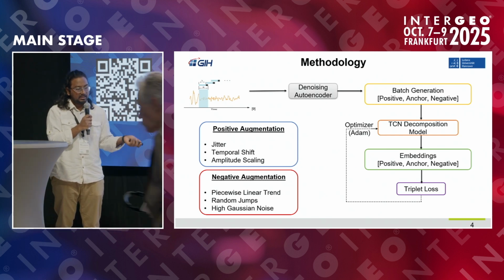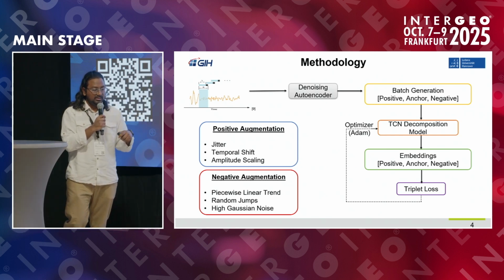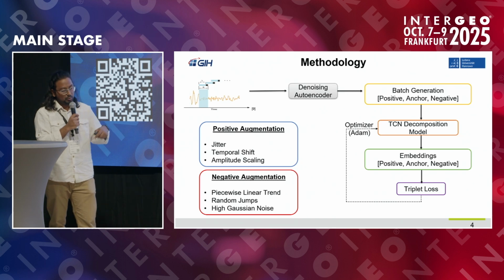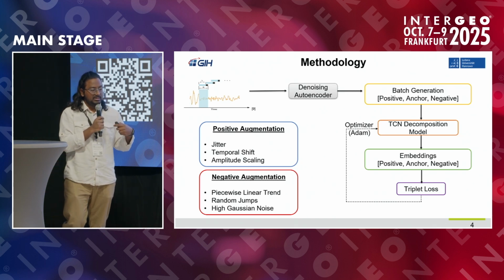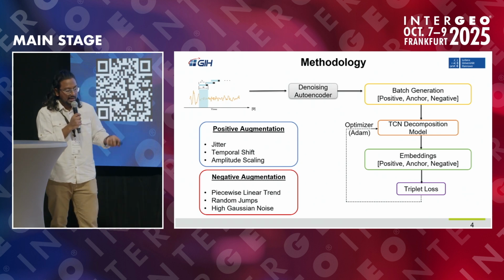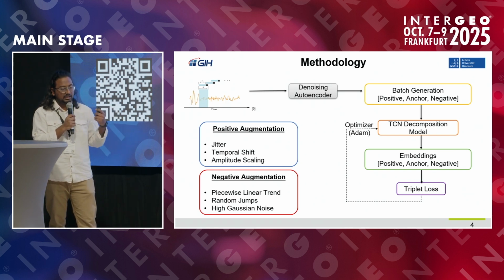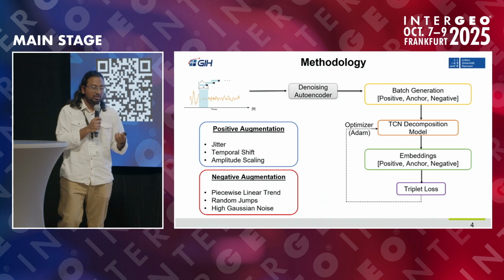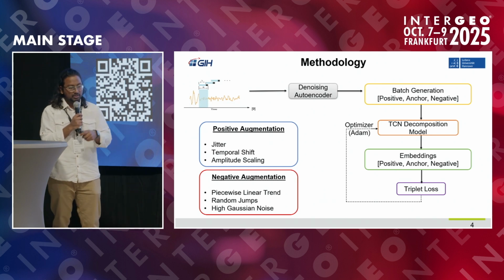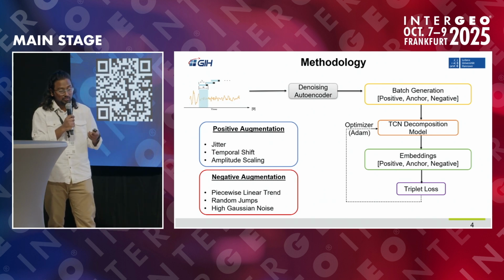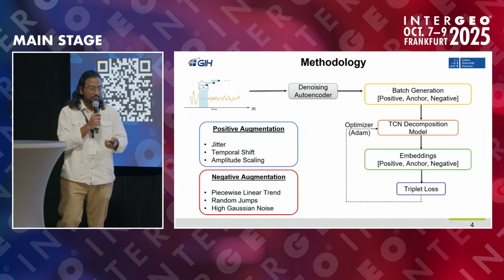Then these anchor, positive and negative samples are all fed into my core deep learning module, the TCN decomposition model, which gives us the embeddings of all three: positive, negative, and anchor. From these embeddings, we calculate the loss using triplet loss, which is then backpropagated to the model in order for the model to learn.